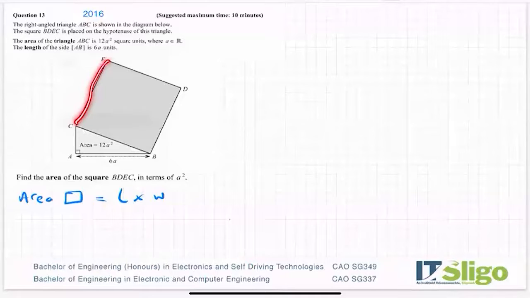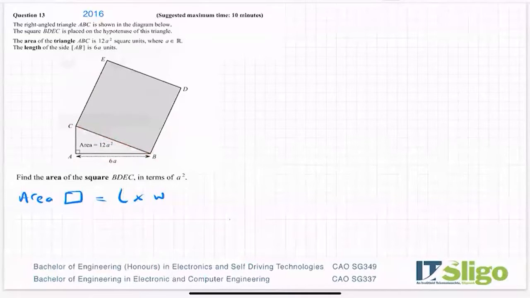Because they gave me no dimensions of my square, I must have to find the length of this side BC using the triangle, because it's the only thing I have any information about. And I suppose once I have one side of a square, I have the other side because sides of a square are the same. Okay, so how do I find this side here?